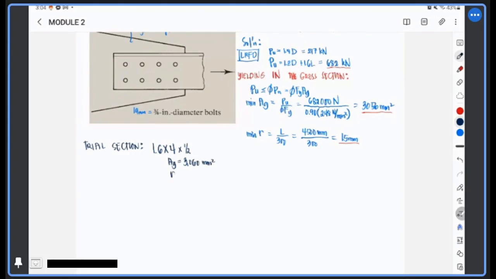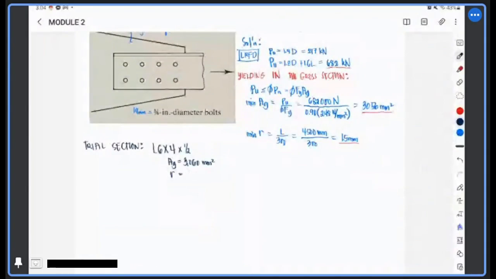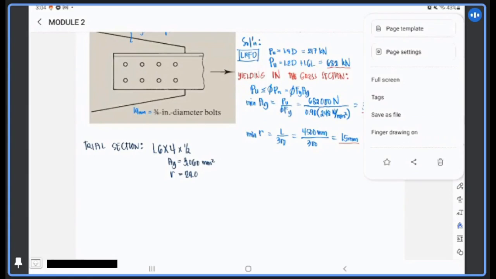And r minimum, that's r sub y, is 29.0. Do not choose the r sub c, class. That is only used in plastic design. Just choose the minimum of r sub x and r sub y.